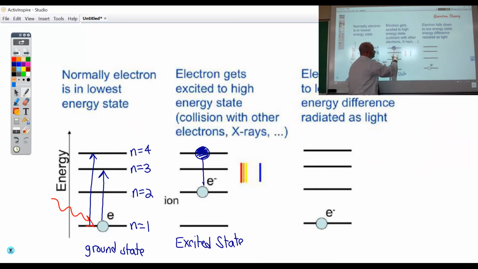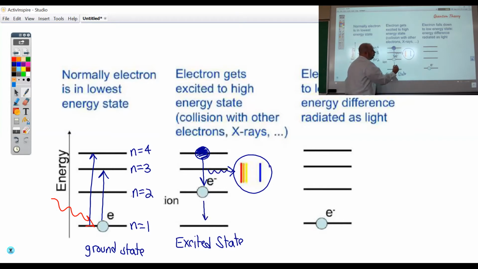When that electron releases energy and falls back down to a lower energy level, sometimes that release of energy is accompanied by energy in the visible light portion of the electromagnetic spectrum. If it is, you will see essentially a burst of color. And depending on what atom you have, that color could be made up of several different wavelengths.